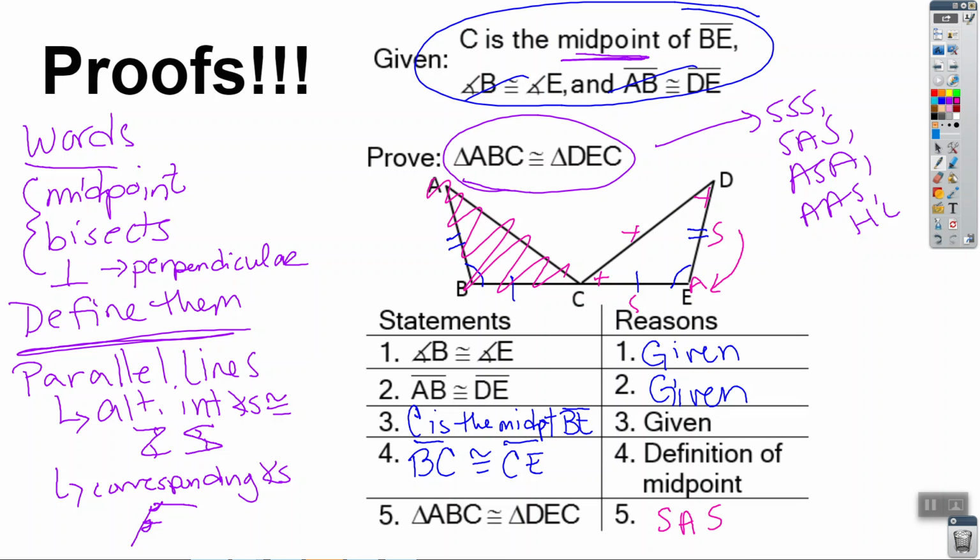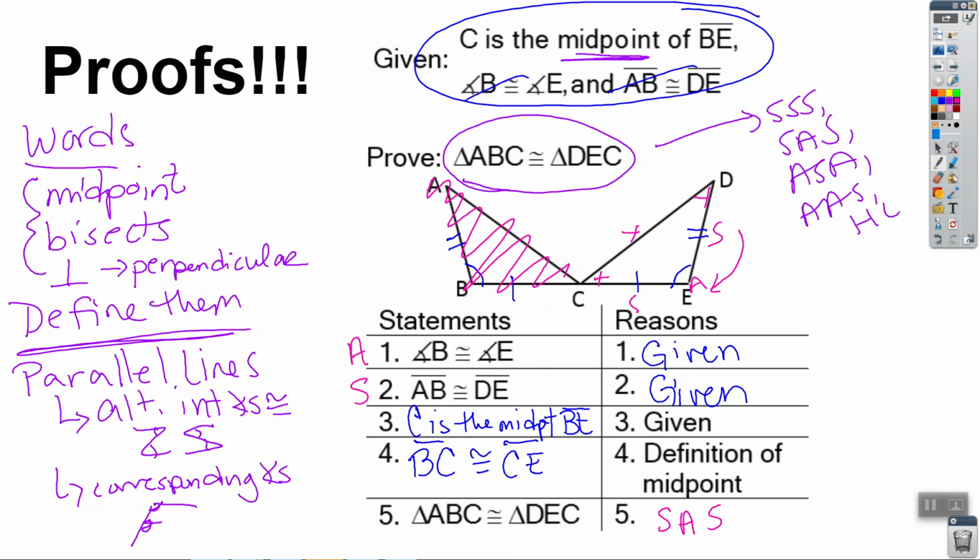Now, my big cheat for the SOL. If I can fill out this whole chart, I know a little bit more than I'm letting on. Number one, for example, is that an angle or a side? It's an angle. Number two, is that an angle or a side? That's a side. Number three is a word, that really is nothing to me.